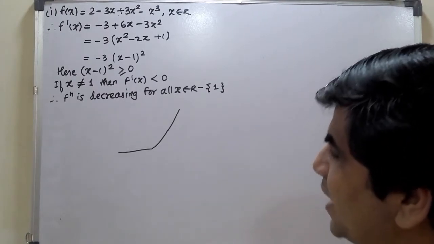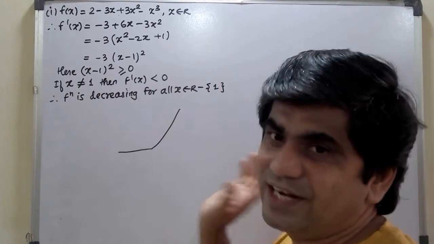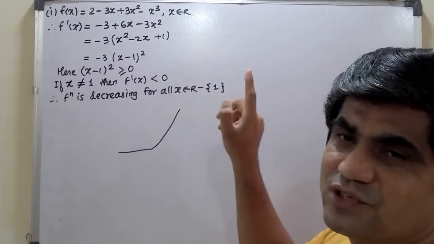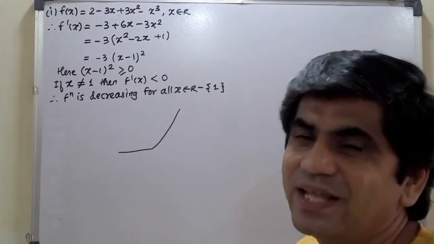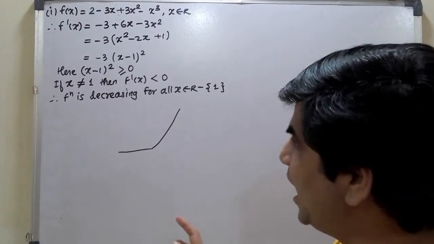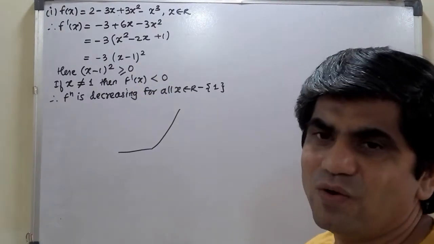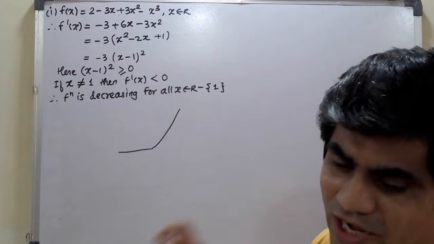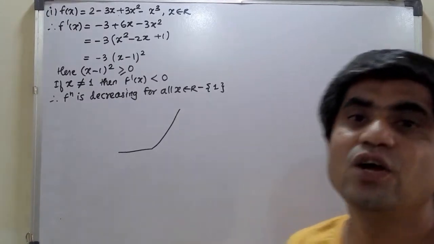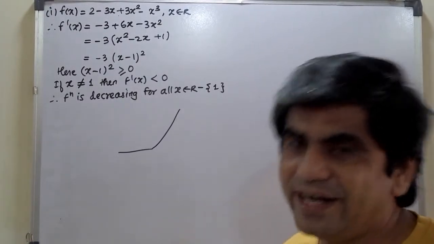So the function is strictly decreasing for all x belonging to real numbers except 1, and if you take the value 1 as well, then it is only decreasing, not strictly decreasing.